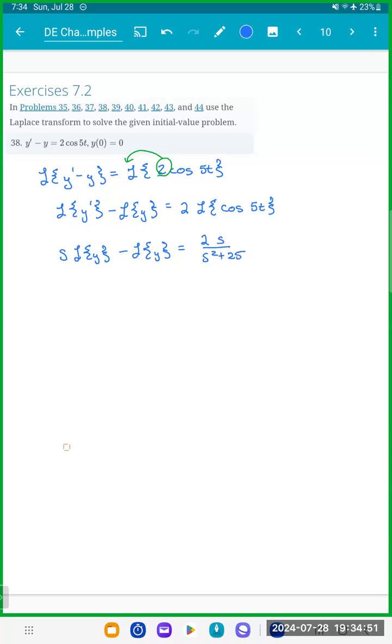This one we can factor the Laplace transform of y, and that leaves us with s minus 1. Now we can divide both sides by the s minus 1.